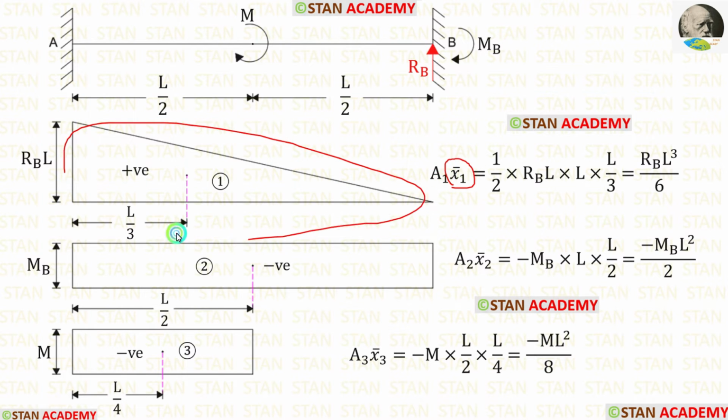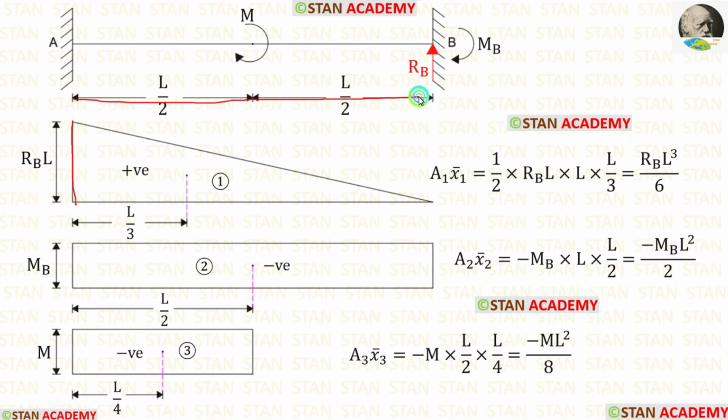This is a triangle. For this triangle, the centroid distance towards this height is 1 upon 3 into L. We will get L upon 3. Let us apply that.